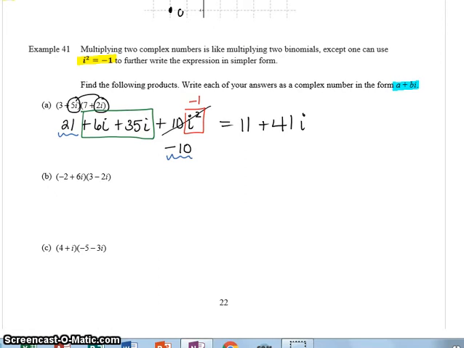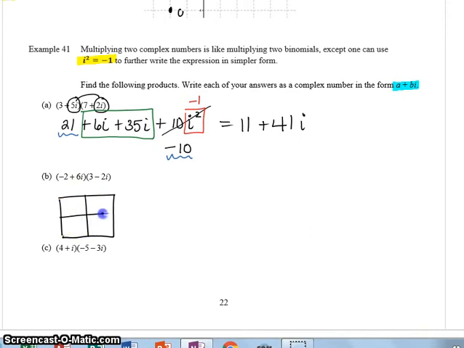Part B. I'm going to box it. So this would be negative 2, positive 6i. This is 3, negative 2i. When I line up the boxes through multiplication, 3 times negative 2 is negative 6. This one would be 6i times the 3, which is 18i. This box would be a negative 2i times a negative 2, which would be a positive 4i. And then last, you have a negative 2 times a positive 6, which would be negative 12, but then you have i squared.